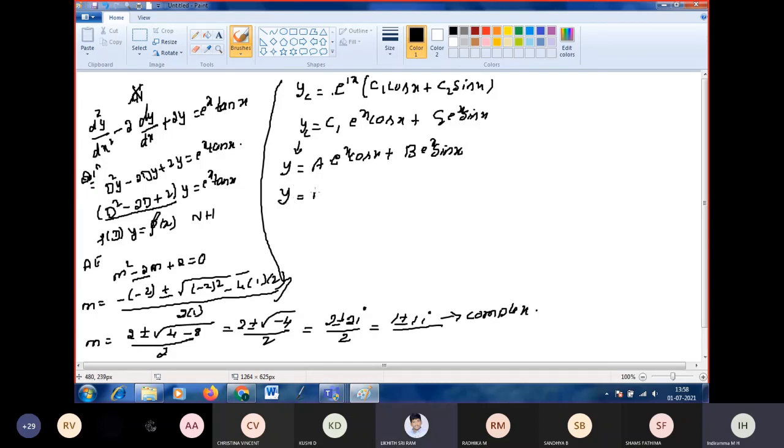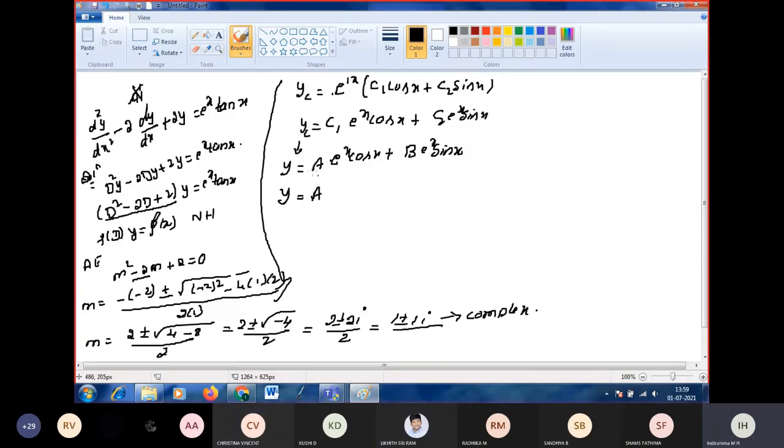Where do we get the 2x? From b square minus 4ac, the roots are 1 plus or minus i, since I took 2 common. So it is cos x plus sin x. Is it right? Okay, next.